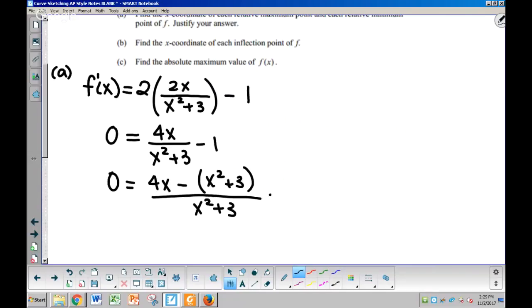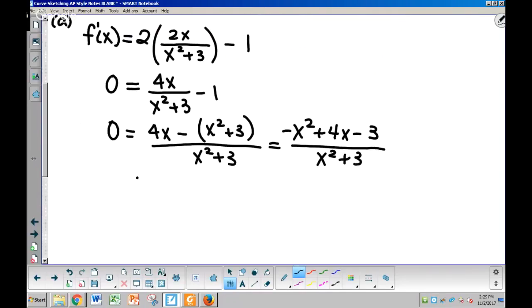So let's simplify this and we get negative x squared plus 4x minus 3, all over x squared plus 3. Now, I don't like to factor with a negative in front, but I'm going to factor the negative out, and I need it out there because to do the sign chart, I've got to remember that it's upside down.